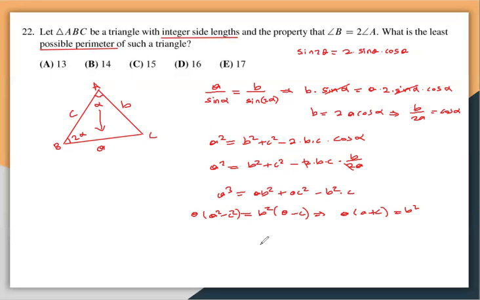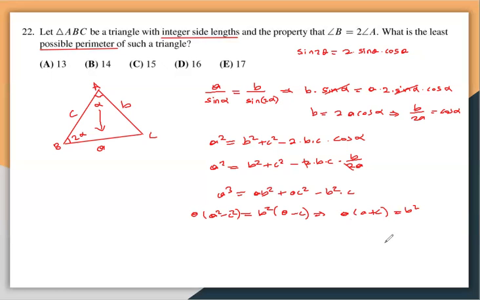Because let's say if they are not, say a is 6, b is 4, you can always take the half. I mean, if you can divide by 2, then you just make those numbers smaller. So if they are not relatively prime, you can make them smaller, but if they are relatively prime, then there is no way to get smaller than that. So since a and c are relatively prime, a plus c and a should be relatively prime as well.